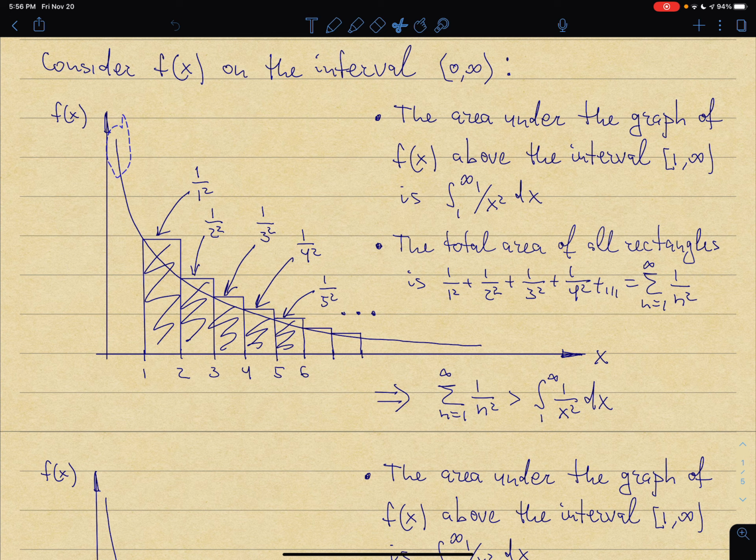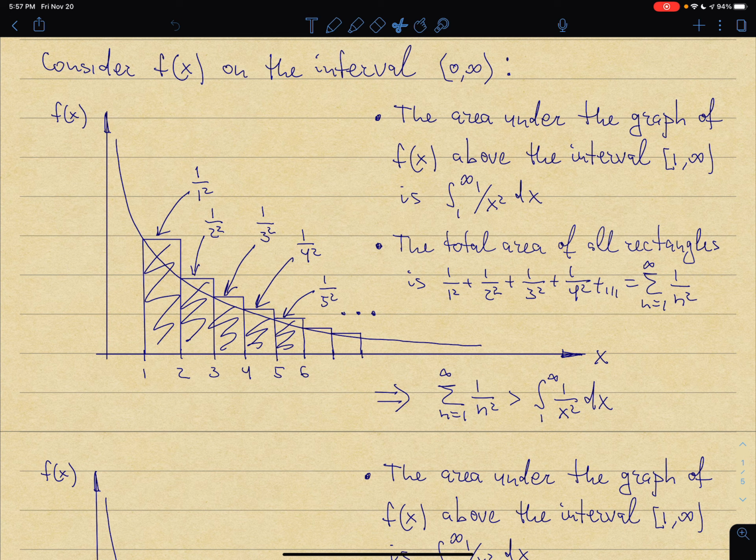The graph goes to infinity. You have a vertical asymptote. And when x goes to infinity, 1 over x squared would go to 0. So you also have a horizontal asymptote at infinity, y equal to 0. Now, x squared is always increasing, so 1 over x squared will always be decreasing. So we have a monotone decreasing function like this.